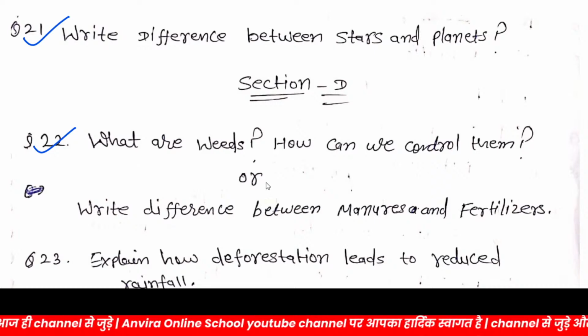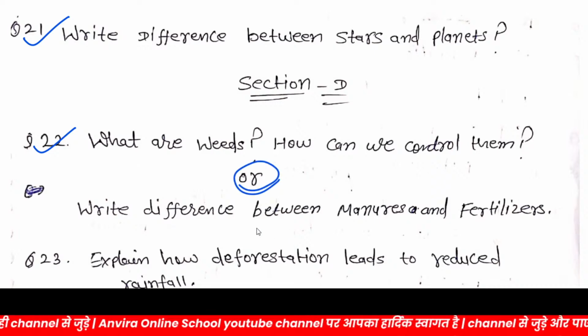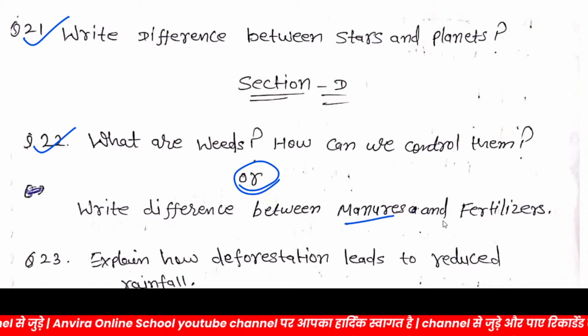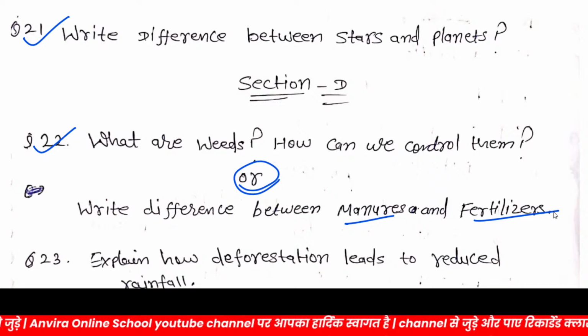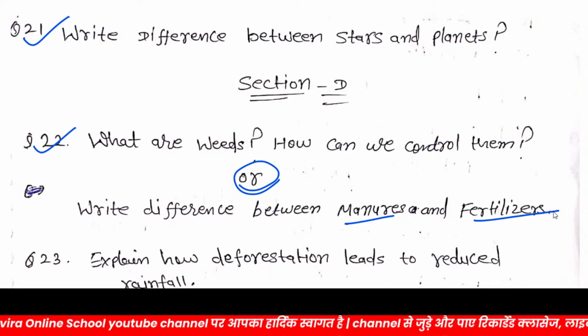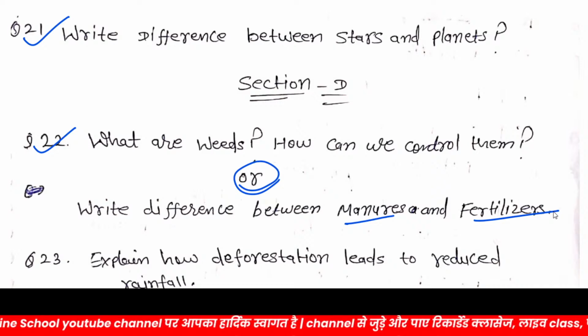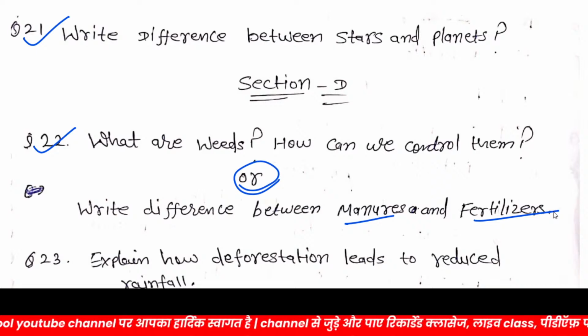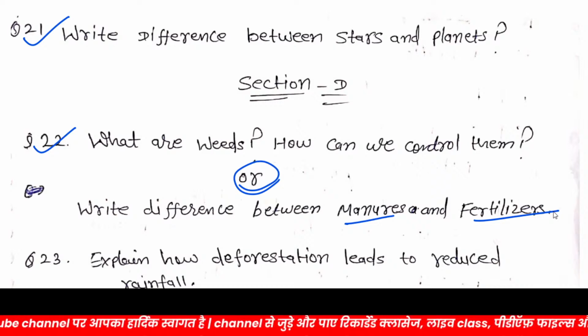So, here we have one more question with an option. Write the difference between manures and fertilizers. Manures occur naturally by the decomposition of cattle dung, human waste, and plant residue. Second, manure can be prepared in fields.